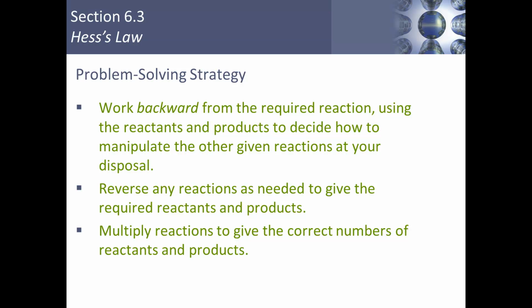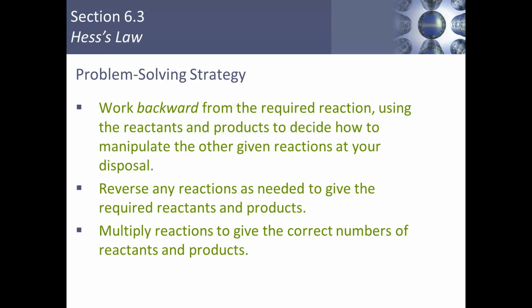When we want to use Hess's law in problem solving, it's a good idea to work backward from the required reaction and then examine the reactants and products that we have so that we can decide how to manipulate other given reactions in order to get the sum of what we're looking for in the reaction that we're interested in.